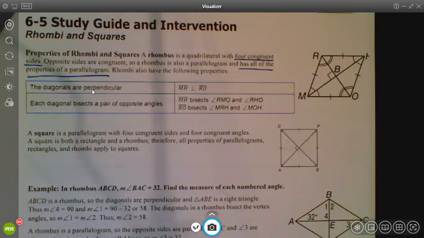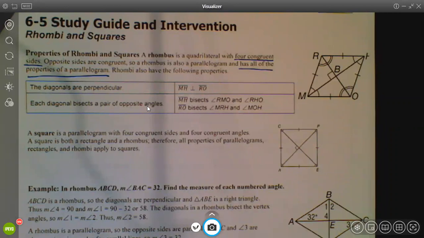Okay, here's kind of the last two, and these are specific just to a rhombus. The diagonals are perpendicular, which they marked for us. And again, anytime I see a kite or a rhombus, I automatically mark their diagonals as being perpendicular, because we get these right triangles, and again, we keep coming back to right triangles. But here's the other one that's unique to a rhombus that was not true about all parallelograms. Diagonals bisect angles.